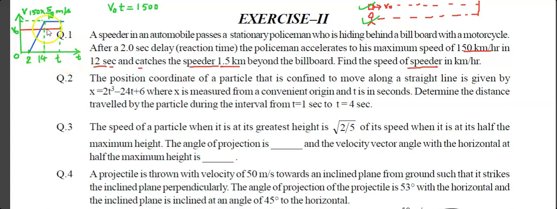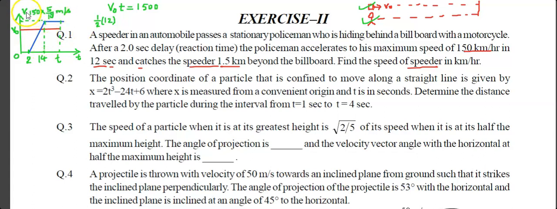So can you find the area under this blue graph? That's a triangular area, then there's a rectangular area. This triangular area is going to be half base. How much is that base? This much, that's 12, into height. How much is this height? That height is this value.